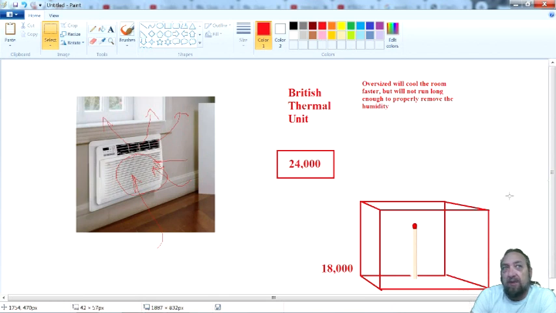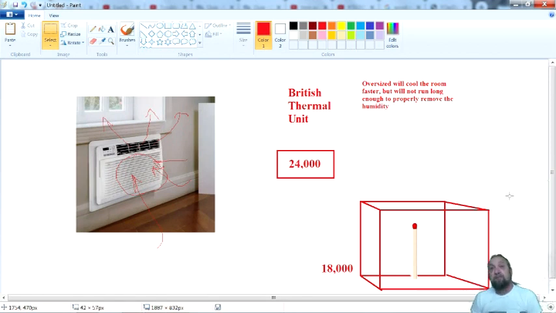So the size of an air conditioner is really important to the amount of heat coming in, and you want it to remove or just be a little bit over that rating. If I had 15,000 BTUs of heat measured in the room, I'd have to use an 18,000 BTU air conditioner to cool it, because they don't make a 15,000 BTU AC. Maybe they do, I could be wrong.